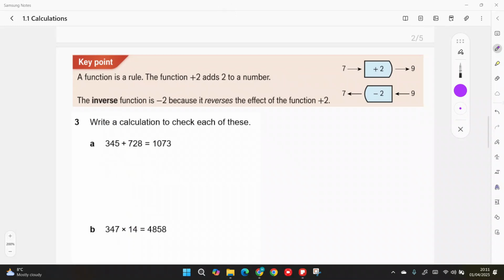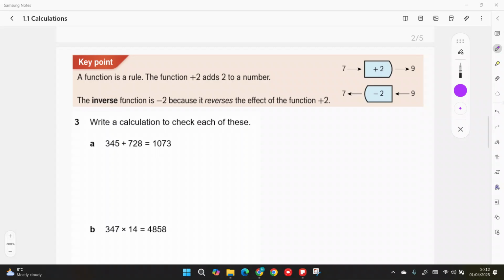Okay, so before we go on to the next example, we need to have a little look at the key point that involves the word inverse. Any particular function, and here we have a function machine over here, contains a rule. The function here would be add 2. So if I started with 7, if I applied the function add 2, I would get 9.